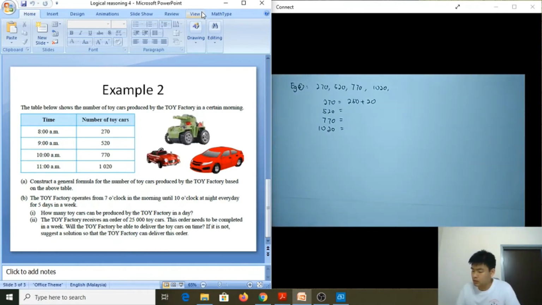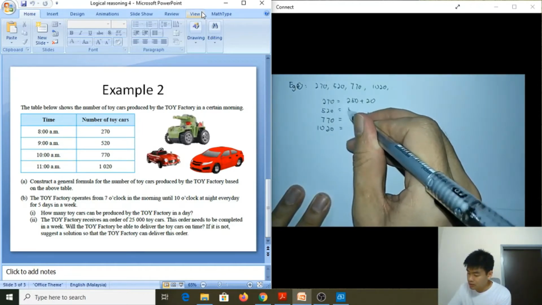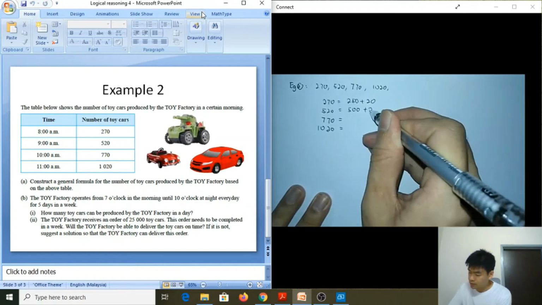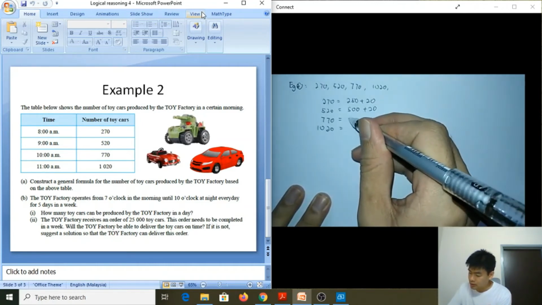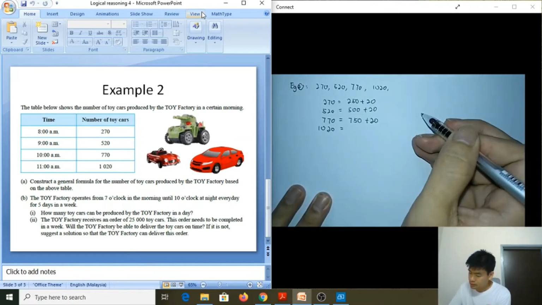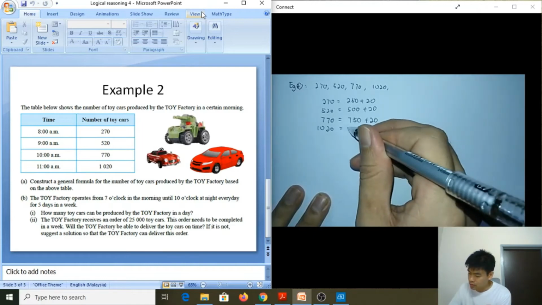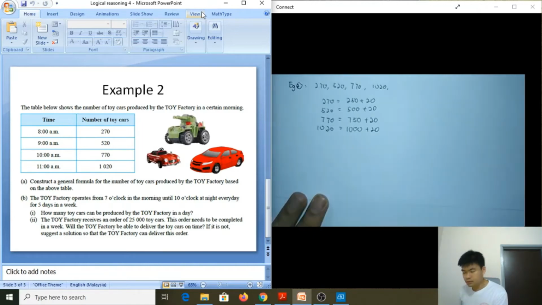Then 520 I can separate as 500 plus 20, right? 770 I can say 750 plus 20, right? So 1020 I can write as 1000 plus 20, right?